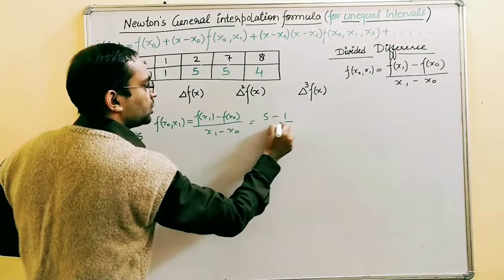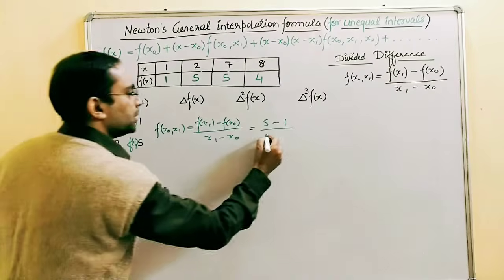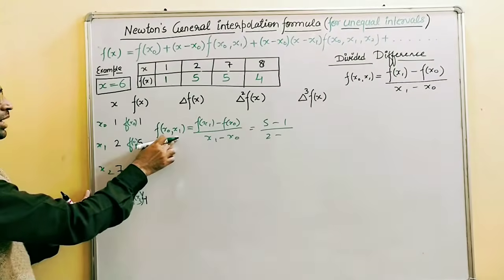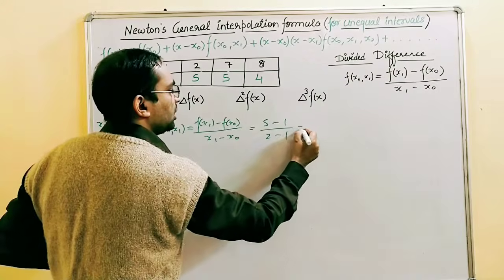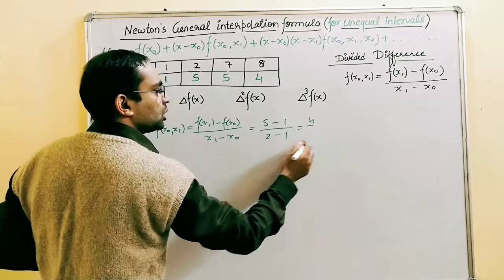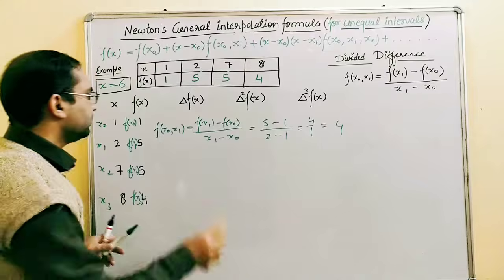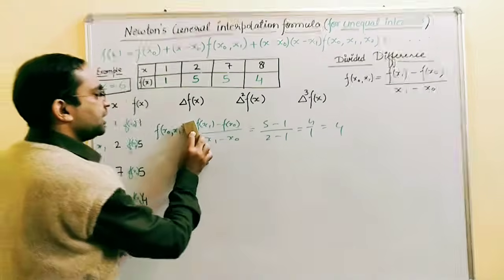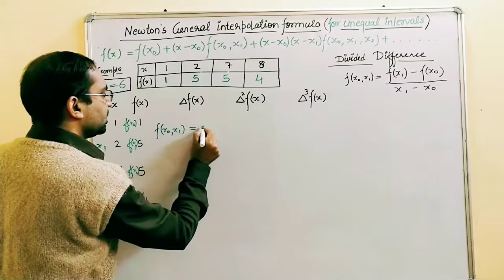So 5 minus 1 divided by x1, which is 2, minus x0, which is 1. So 5 minus 1 is 4, divided by 2 minus 1, which is 1. So this is coming 4. Let me write here the value of this first divided difference as 4.